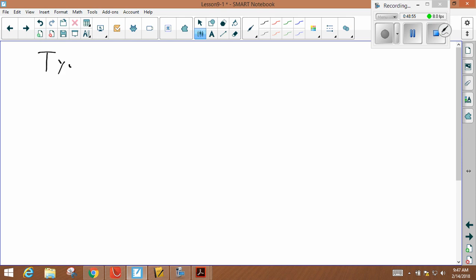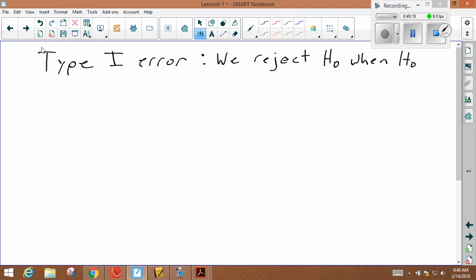A type 1 error, we use the Roman numeral 1 for that, happens when we reject our null hypothesis when our null hypothesis is true.